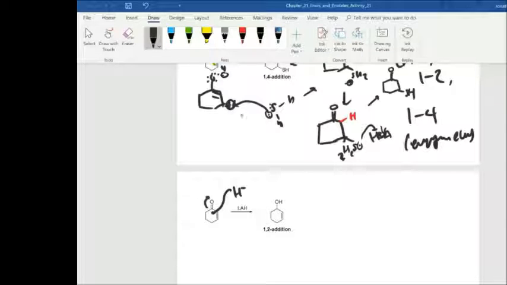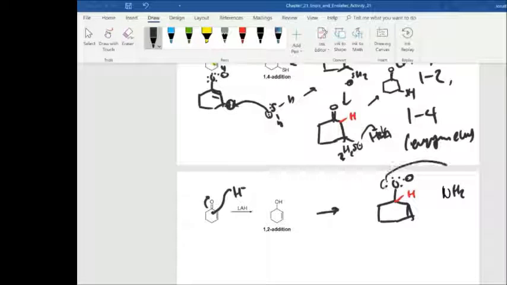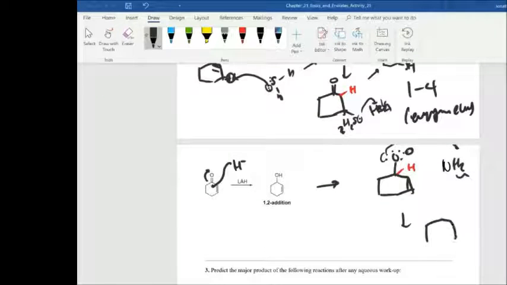Now what you're going to have is this guy, and I'm going to denote this new hydrogen in red. Now that you have a negative charge, you're going to have some form of water, and it's just going to take a hydrogen and then bounce off, and you will have an alcohol and an alkene.